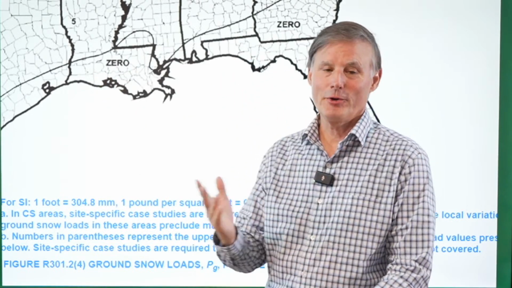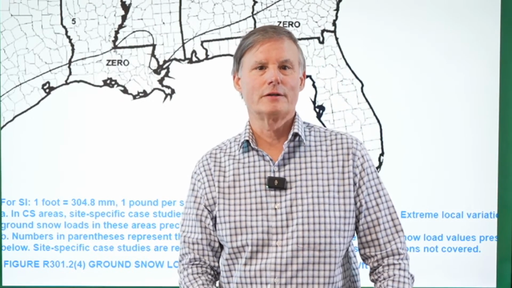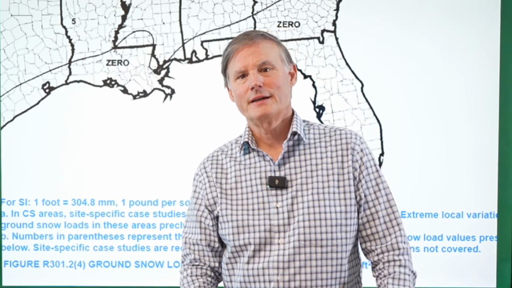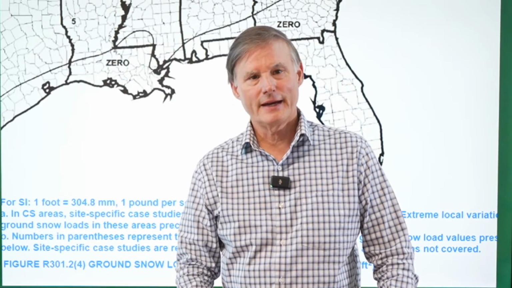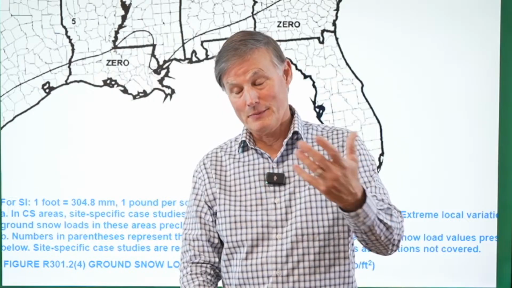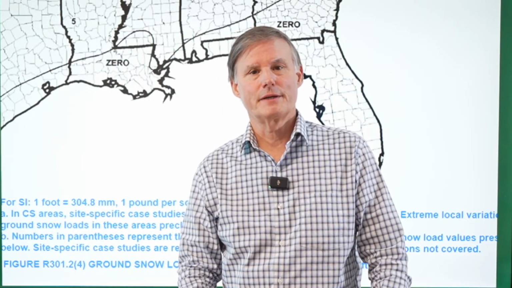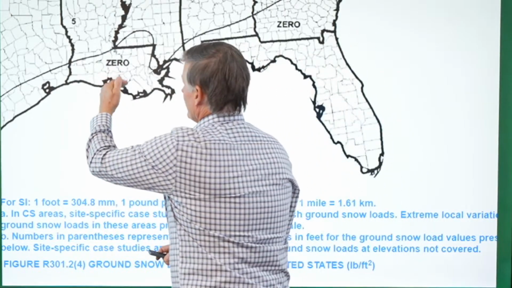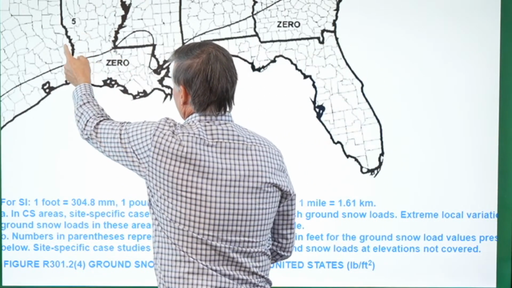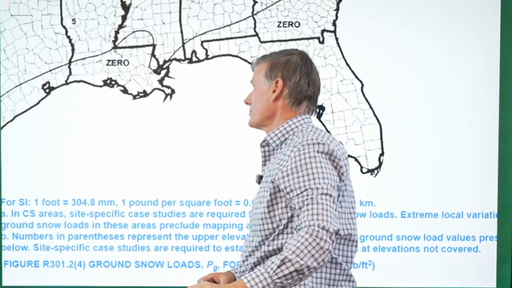Now I know we had the big snowfall of last January, but as you know, that was a record snowfall, and maybe these maps will be updated in the coming years, but for right now, it's 0 unless you get up into the middle part of the state, and then you have a 5 pounds per square foot load.